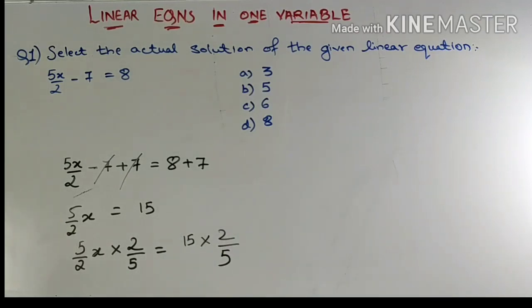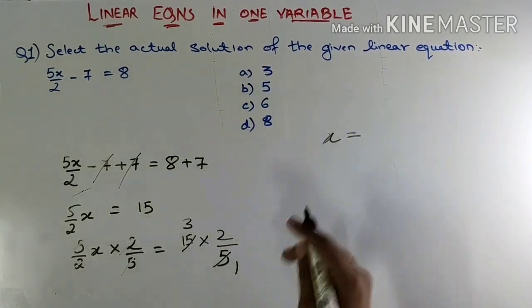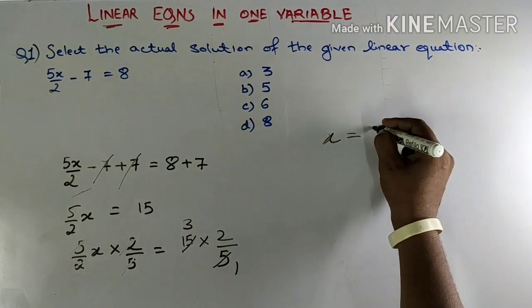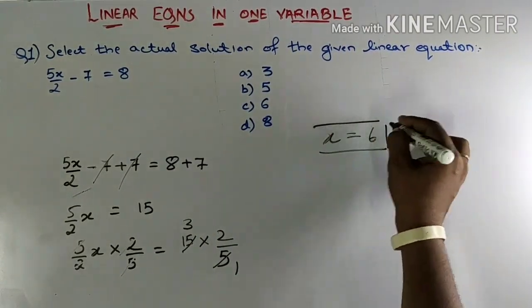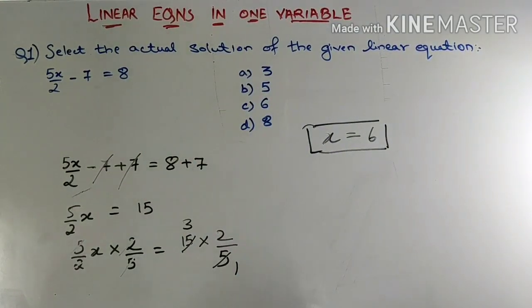Now simplify this. 2 cancels, 5 cancels out. So x is equal to 5 1s are 5, 3 5s are 15, 3 2s are 6. So the solution of this equation is 6.